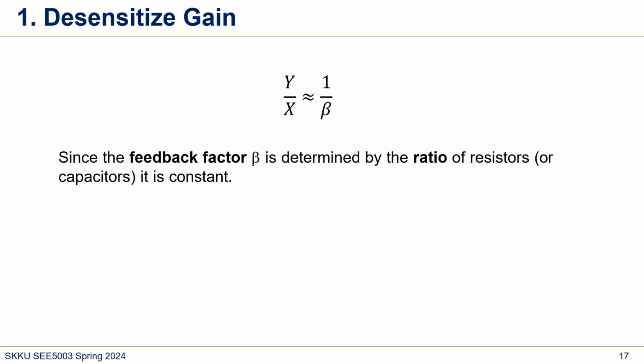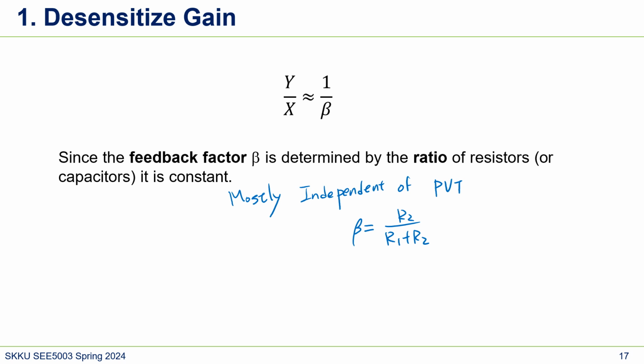And also again, feedback factor beta is determined by a ratio of resistors or capacitors, which is constant, independent of PVT. I would say not 100% independent, but mostly, because they still do have some variation. For example, beta can be R2 over R1 plus R2, right?